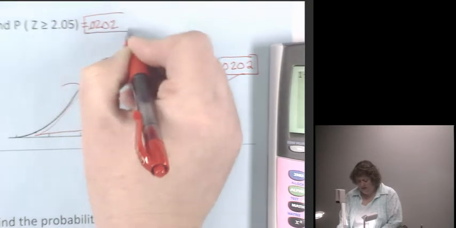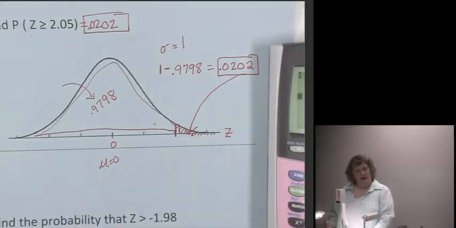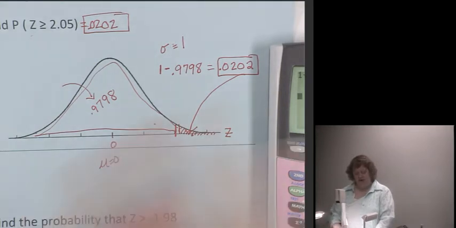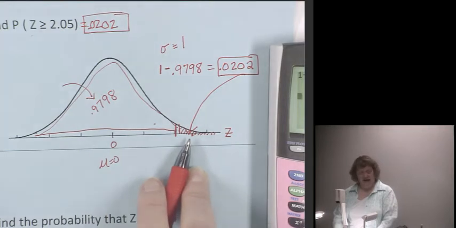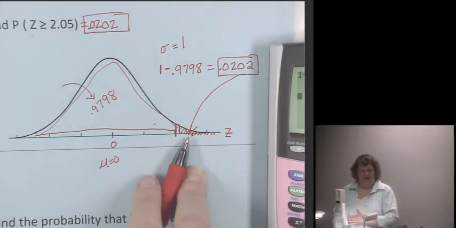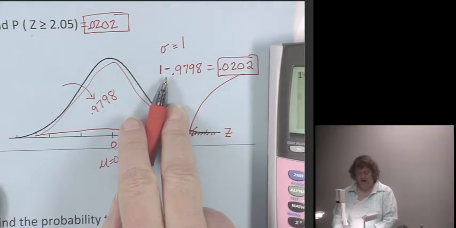Left out a 0 there. And that'll be our final answer. And again, that's why you want to block out your answers, because you'll have some other numbers here. So when it's greater than, we're going to use the complement, because we'll find the area to the left, but we want the area to the right, the rest of the area. So to get it, we'll subtract from 1.